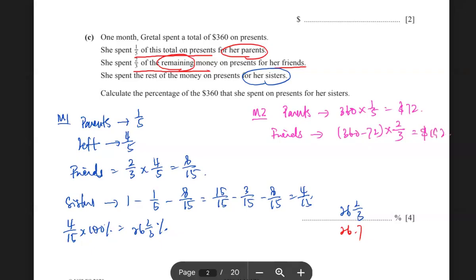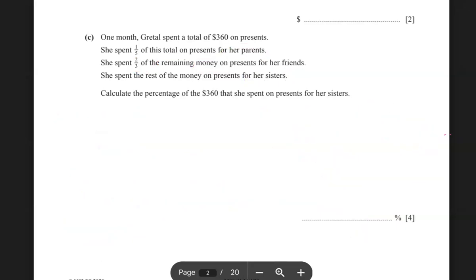Then for sisters, we just do 360 minus 72 minus 192. That will give us $96. So the percentage that she spent on her sisters is 96 over 360 times 100%. You will get the same answer, by the way. So 2 methods to do this. Let's move on.